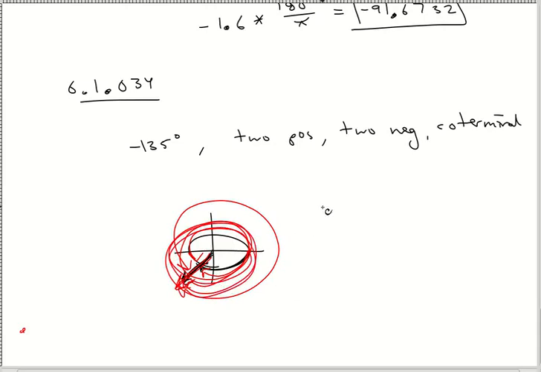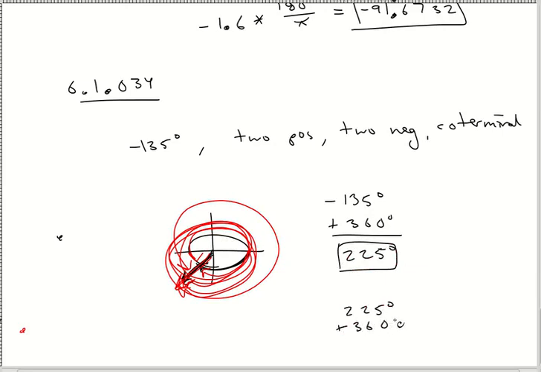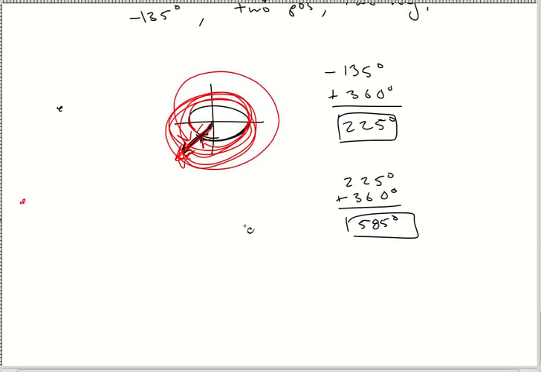It's actually very simple math. I'm going to take my original and add 360. So negative 135 plus 360 is 225. That's one of your answers. Then I take that answer and add another 360, and I got 585. So that's another answer. So I got 2 positives. Now how do I get the negatives?